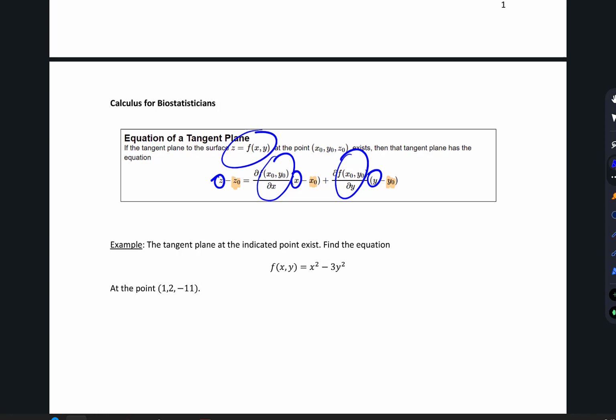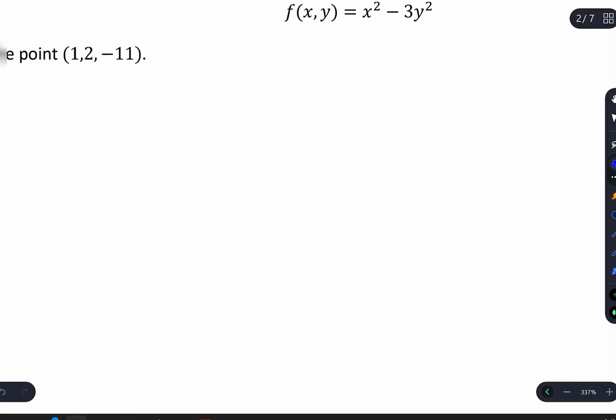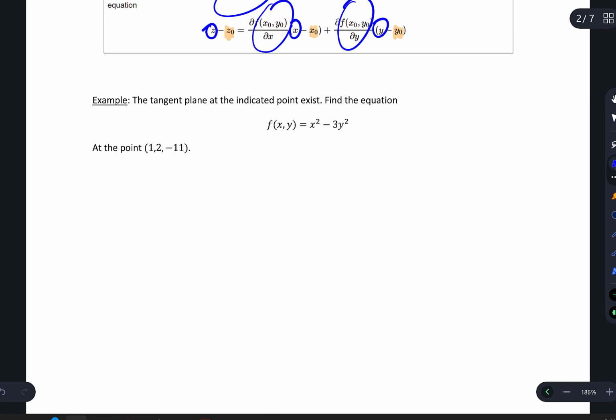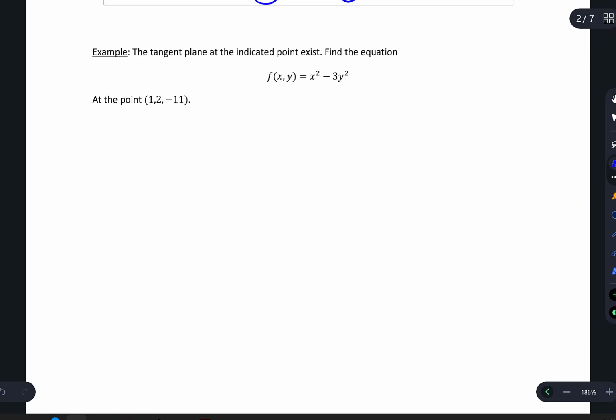Let's look at some examples to see how we can find the tangent plane at an indicated point. All right, starting with this example, we want to find the equation of the tangent plane at the indicated point for this function.